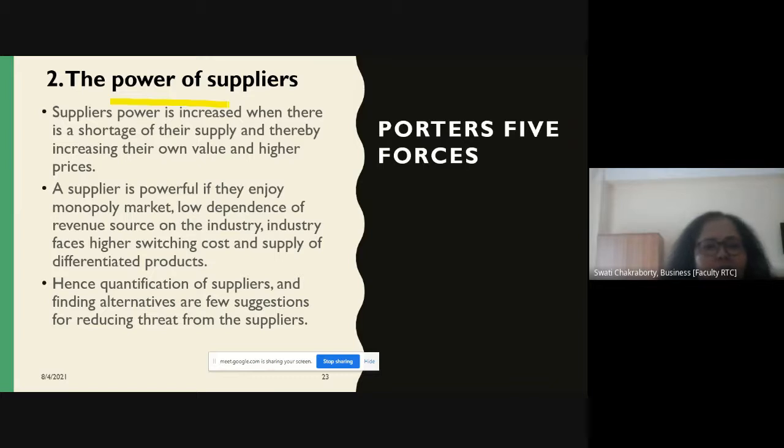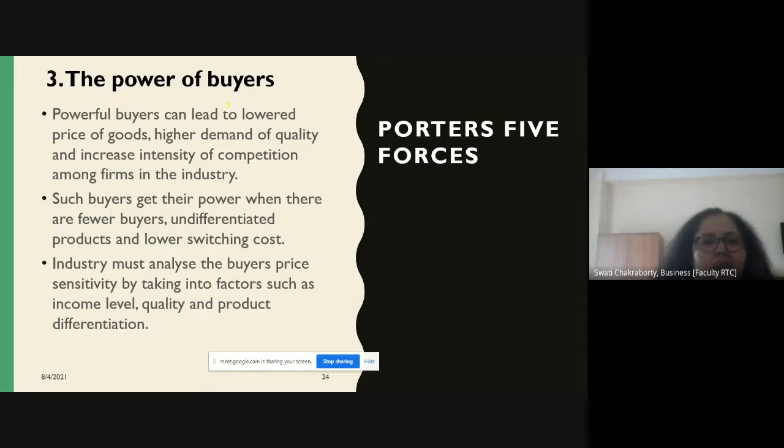But if there are substitutes which are easily available, there are alternate suppliers, then suppliers do not have much power. Okay, so you need to have a larger number of suppliers and find alternatives. If one doesn't agree to what you say, there has to be someone else. Then you can reduce the threat of the suppliers.